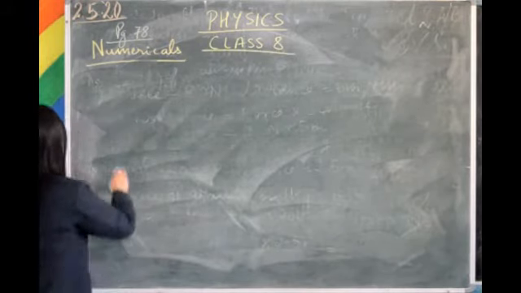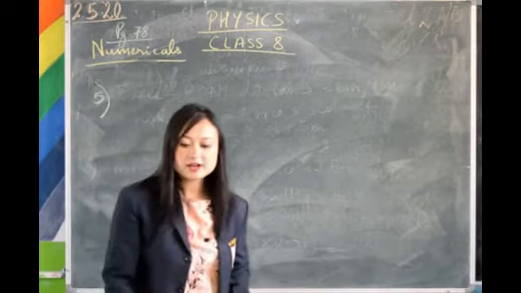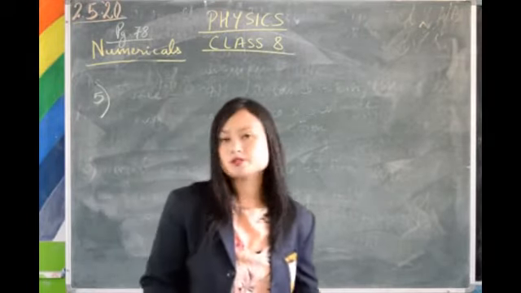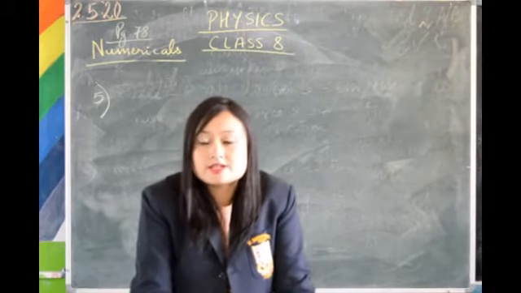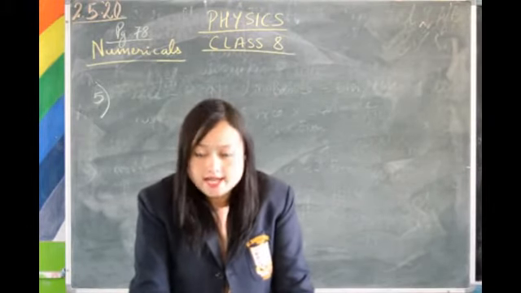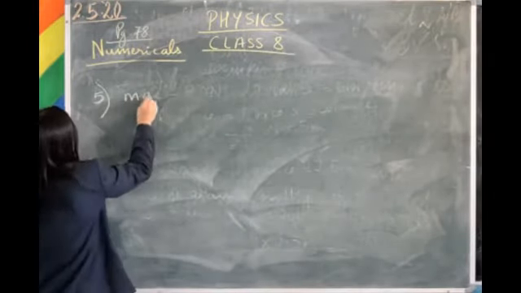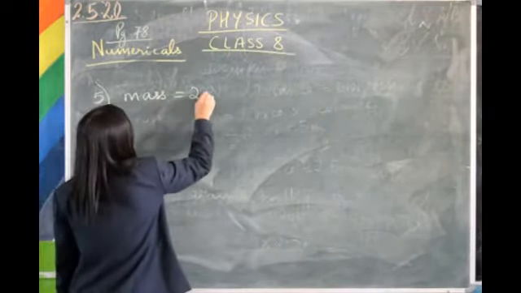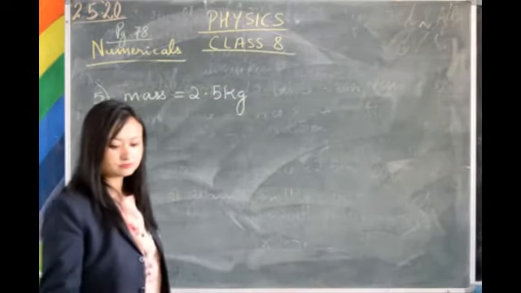Okay, in number 5, we have to calculate potential energy, gravitational potential energy or just potential energy. So that will be mgh, that is mass into g into h. Mass is given. What is your mass given here? Mass is given as 2.5 kg.